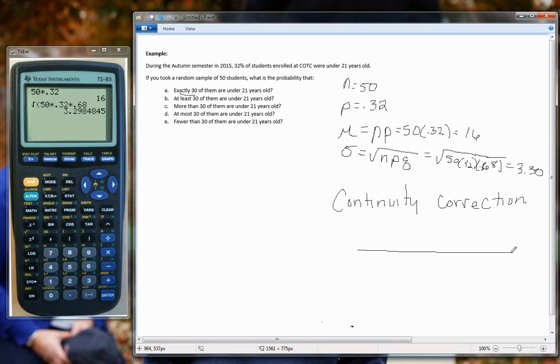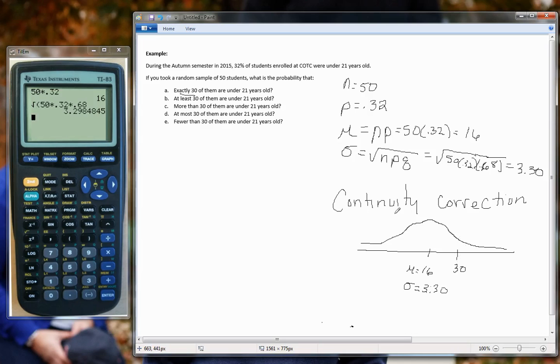So what we need to do here, we're going to use a normal distribution. The mean we found is 16, and our standard deviation is 3.30. So we'll use that, and we can do it on our calculator. But everything is going to be about or around 30.